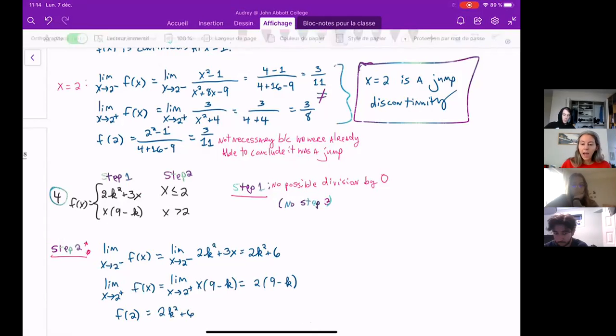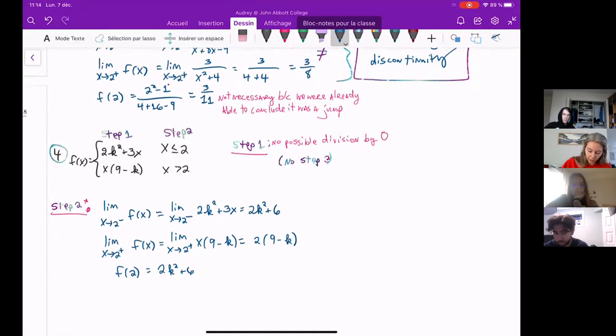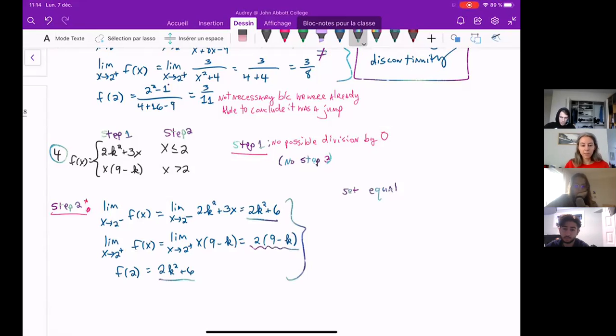And now, as part of my step 2 here, I want to set all of these things equal to each other. These are already the same, so I just need to set them equal to 2 times 9 minus k. So I have 2k squared plus 6 is equal to 2 times 9 minus k.